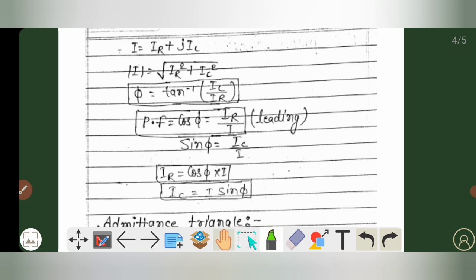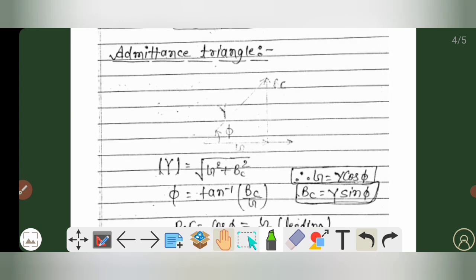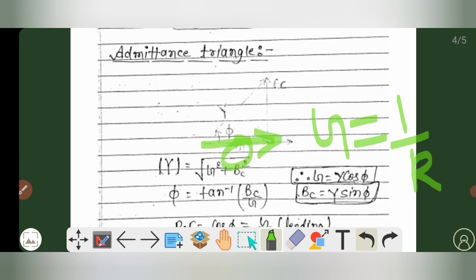Now, my dear friends, next we will draw the admittance triangle. As you can see here, this is the resistive component, which is 1 by R, so we have denoted it by G, and this is the capacitive component, which we have denoted by BC, that is capacitive susceptance.